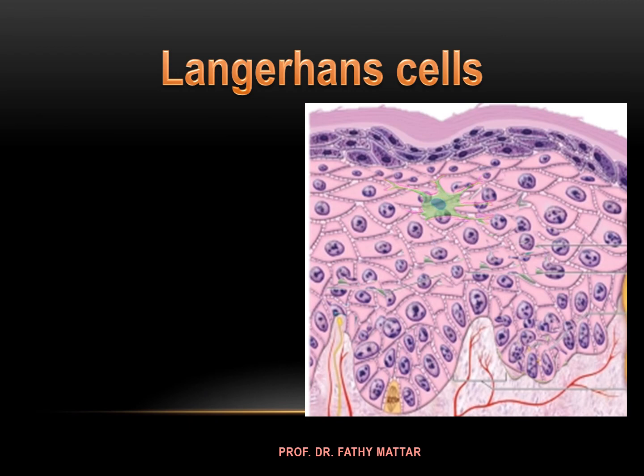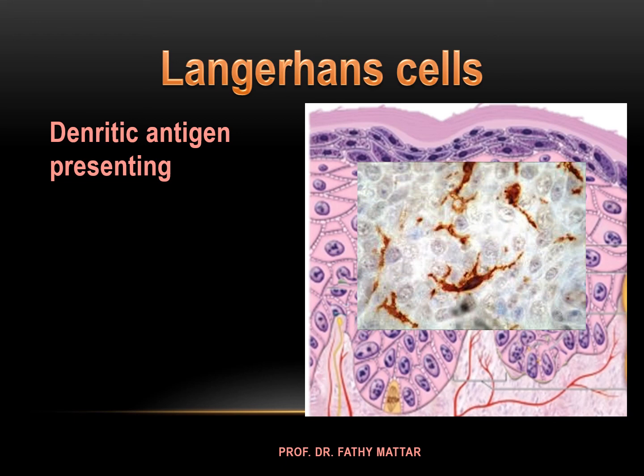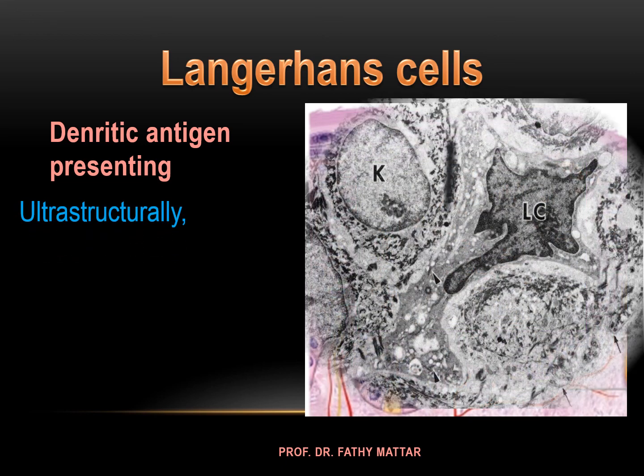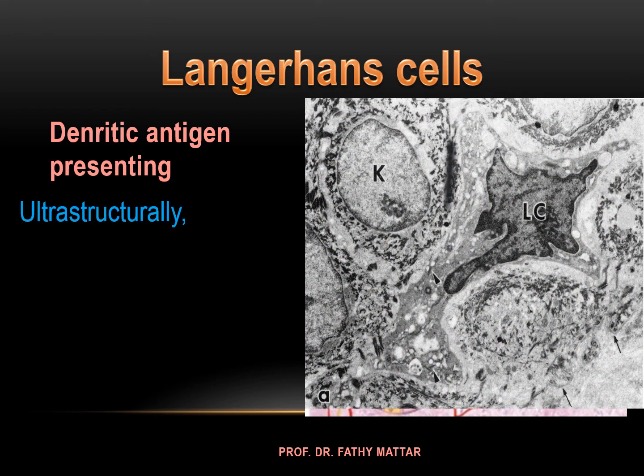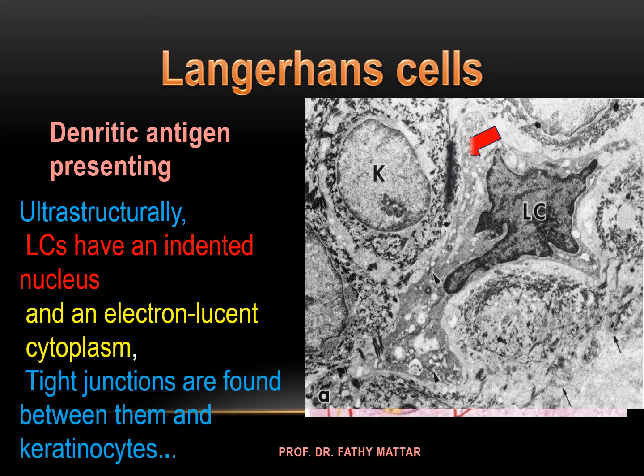Langerhans cells. They are dendritic antigen-presenting cells. Dendritic, that is, they have processes in different directions. Ultrastructurally, they have an indented nucleus, and the cytoplasm is electron-lucent.